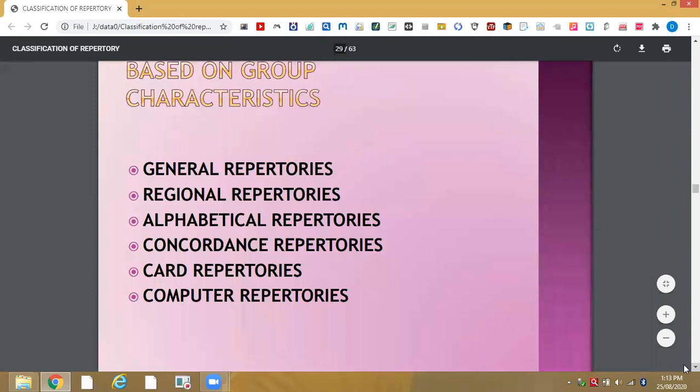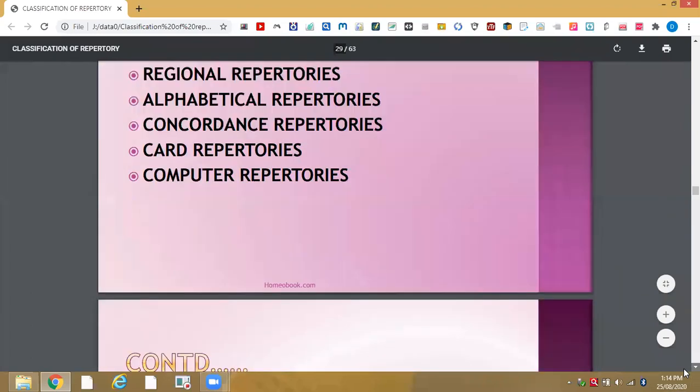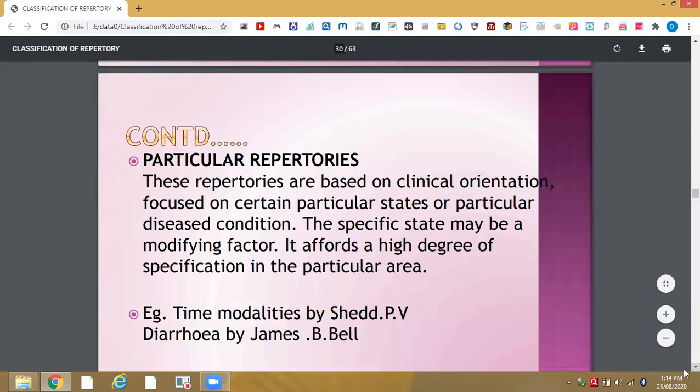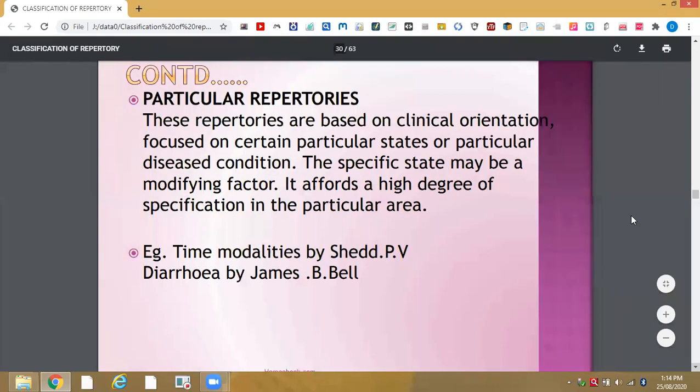Then based on group characteristics. What are group characteristics? That is general repertory, regional repertory, alphabetical repertory, concordance repertories, card repertories, and computer repertories. So we discuss these one by one. Particular repertories: what are particular repertories?